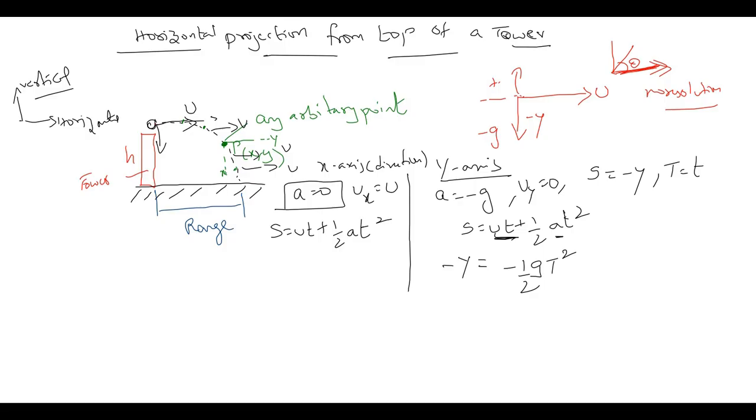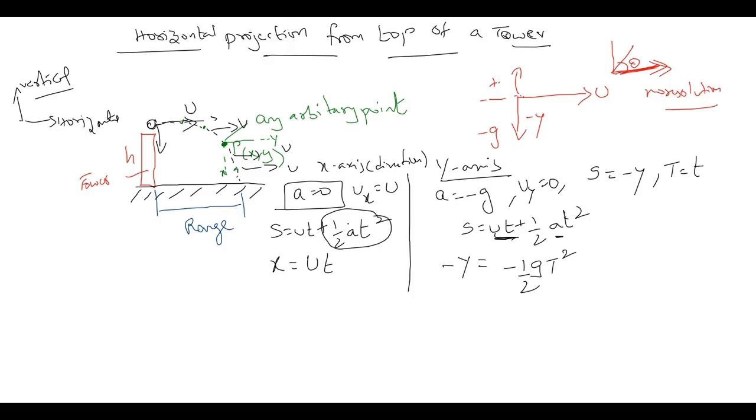Now in the same way, if you take for x-axis, displacement is along x direction. So let us take this one as x, which is also known as range. U value is u, time taken is t. As acceleration is 0, this whole thing will become 0.